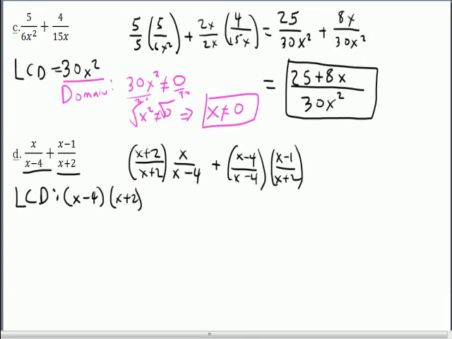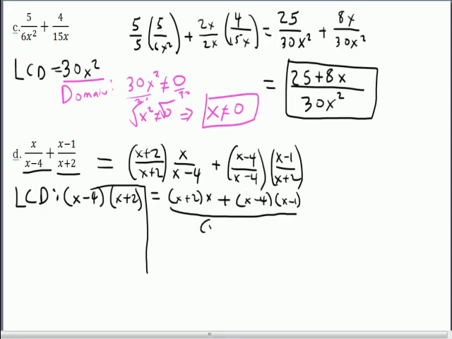which is going to lead us to, so this equals this, and let's make a little more room. Continuing this down, well, we have (x plus 2) times x from our first fraction. We have plus (x minus 4) times (x minus 1) from our second fraction. And this is all over our common denominator of (x minus 4) times (x plus 2). Alright, so we need to work out the numerator and see what that gives us, and go from there.